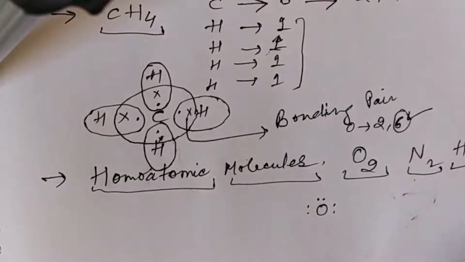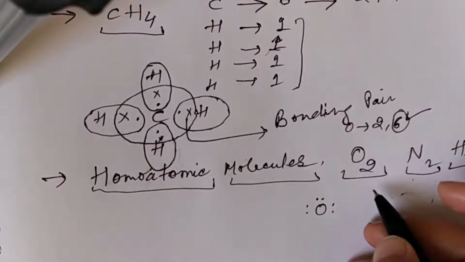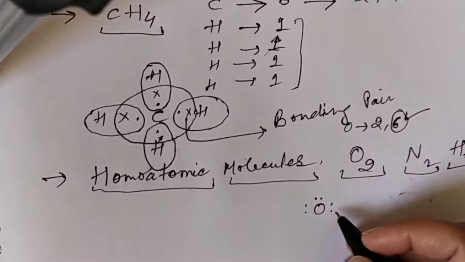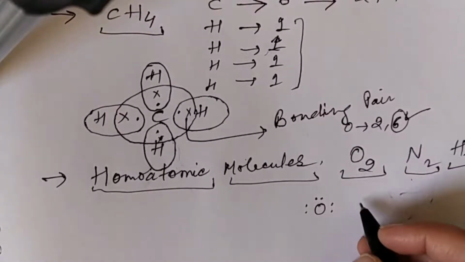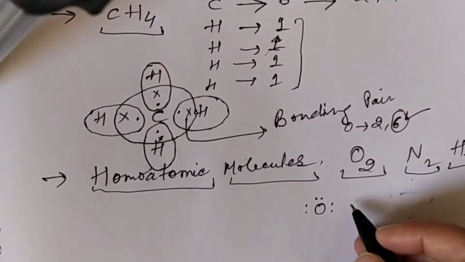Oxygen molecule formation. Here we are discussing the oxygen molecule formation with the help of electron dot structure or Lewis dot structure. How will you explain it?